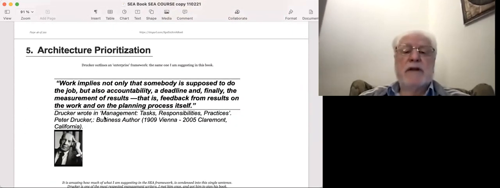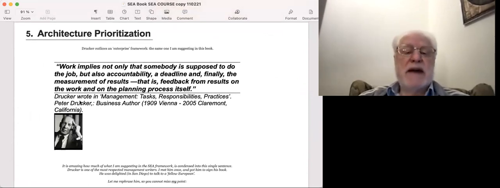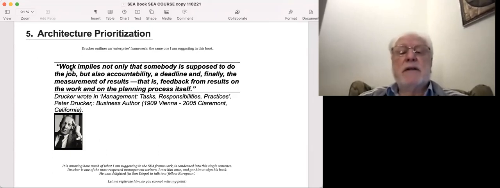Here's one of the better management authors of all time, Peter Drucker, and his quotation is very clear. It's about not doing work, for example coding a user story or producing some code, but about the results and the measurement of results and accountability, who is responsible for those results.